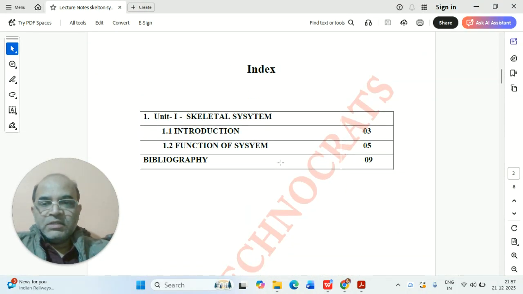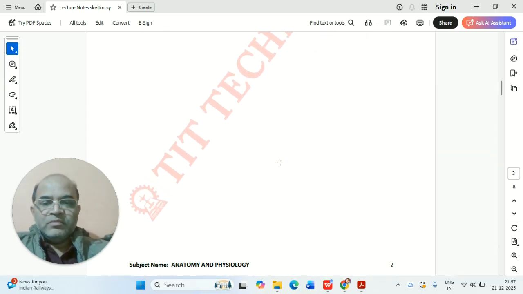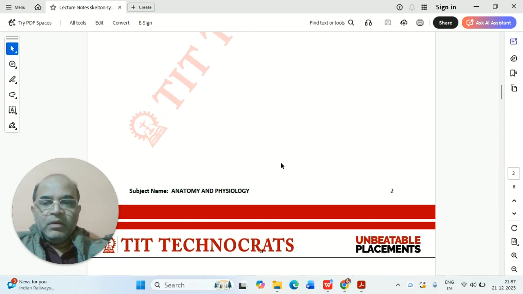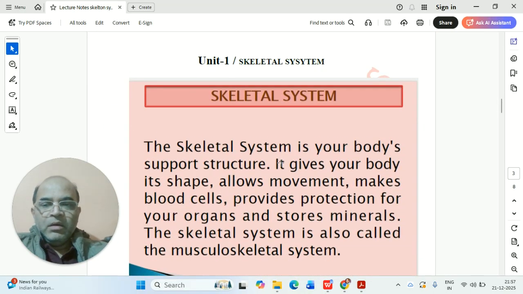So today's topic is the skeleton system. As you know, the skeleton system is the basic infrastructure of our body. It is mostly made up of bones.